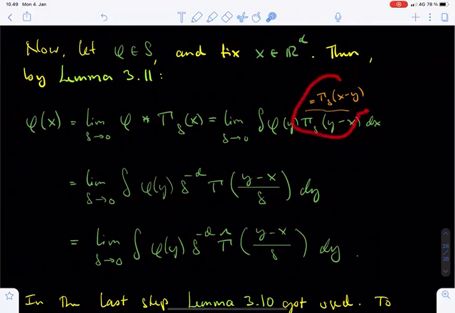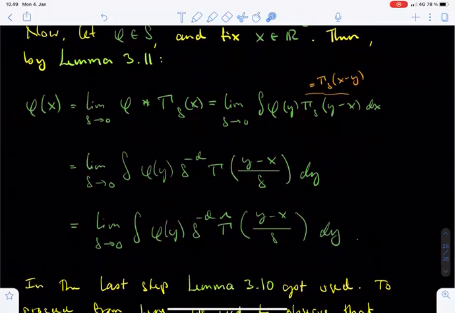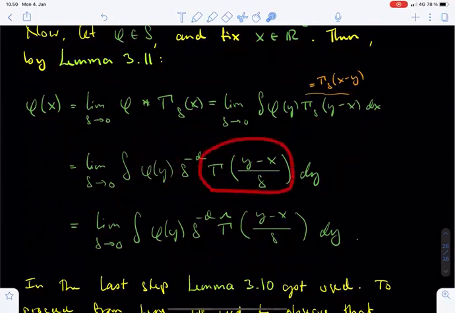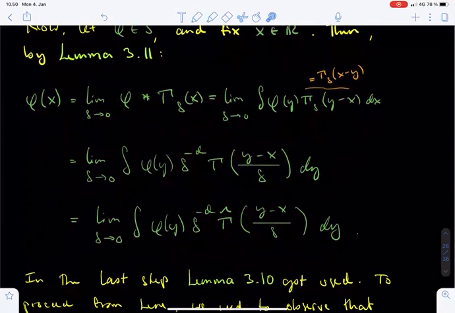To be accurate, here we already replaced gamma delta at x minus y by gamma delta at y minus x using the radial symmetry of the Gaussian function. Next, we simply spell out the definition of the function gamma delta. We find an integral of phi at y times delta to the power minus d times the Gaussian evaluated at y minus x divided by delta.